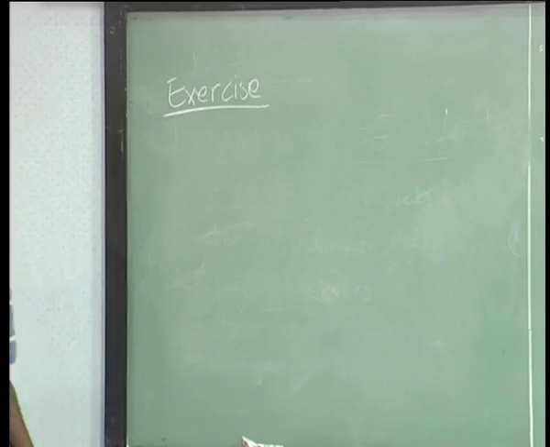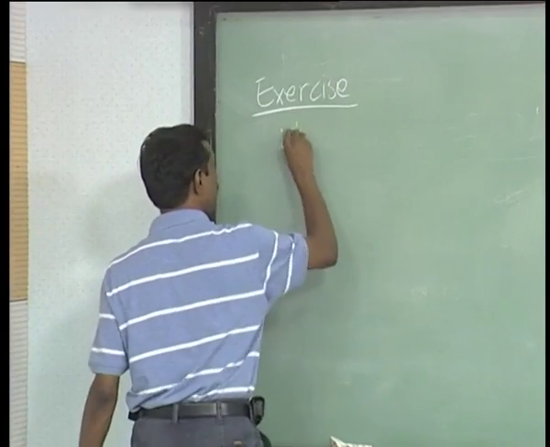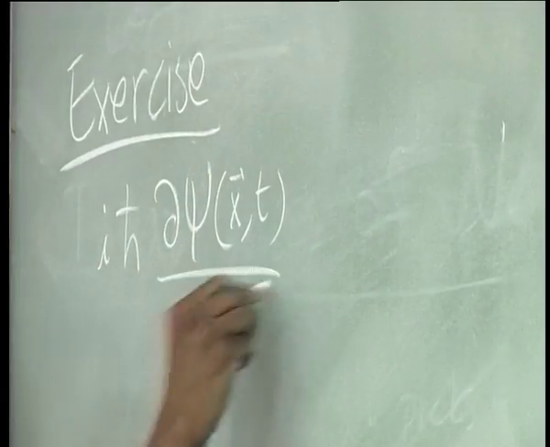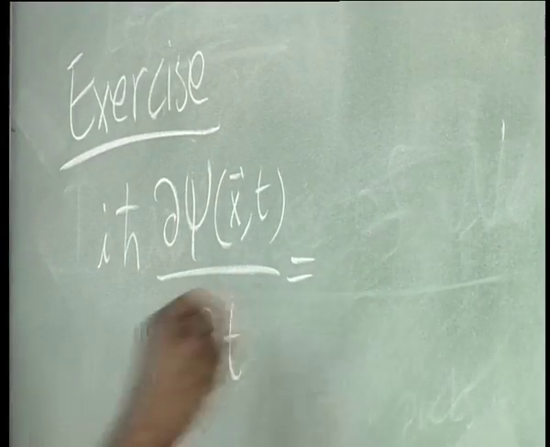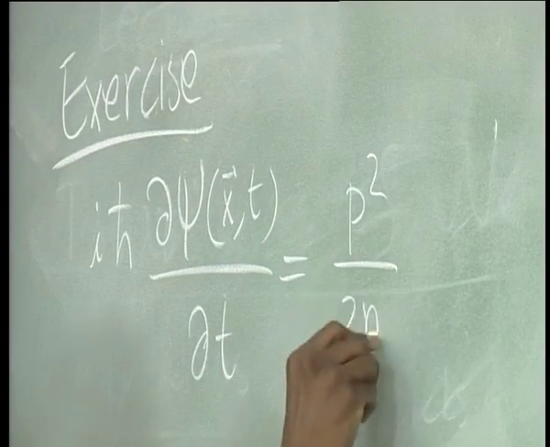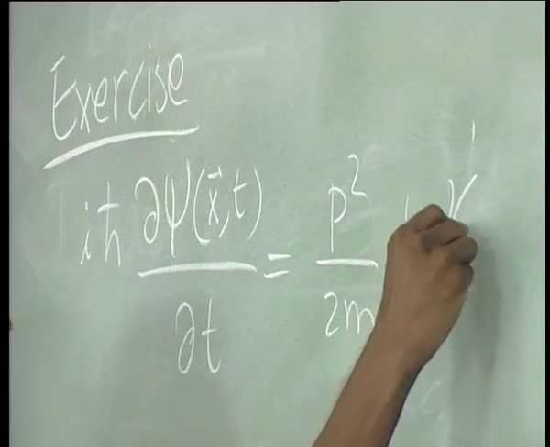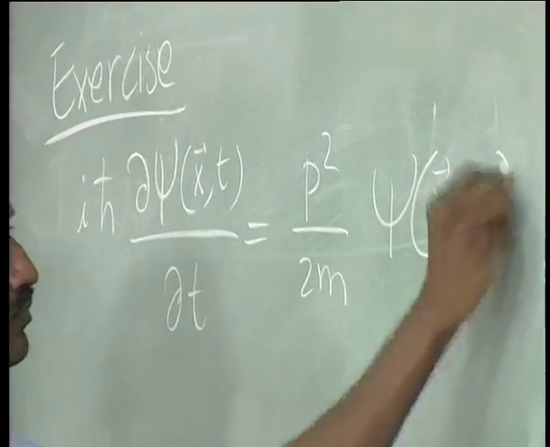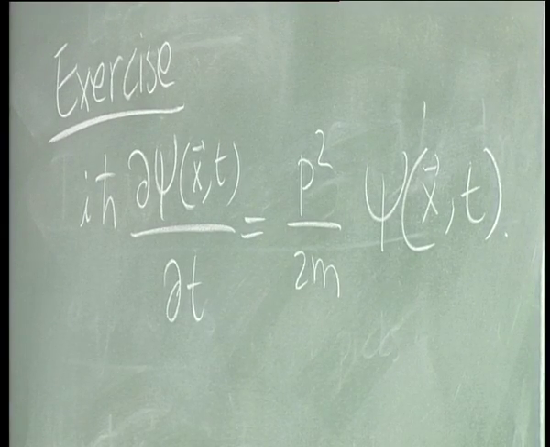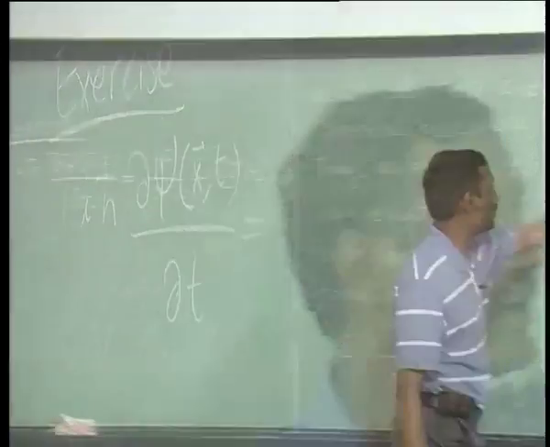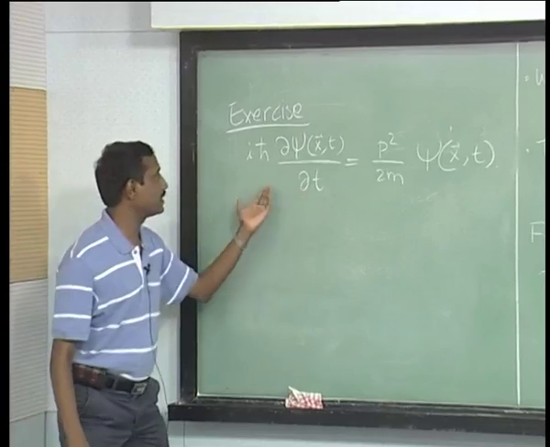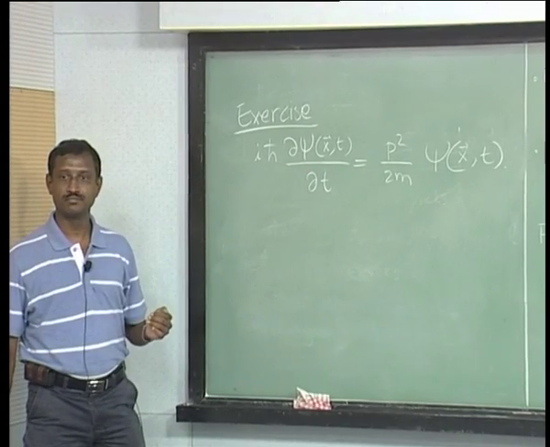Take a different equation, in this case it is i h bar dψ(x,t)/dt equal to, say, a free particle, so let us just write it, p squared upon 2m acting on ψ, and ask the same question. Ask when two different persons, two observers, will agree on this equation.